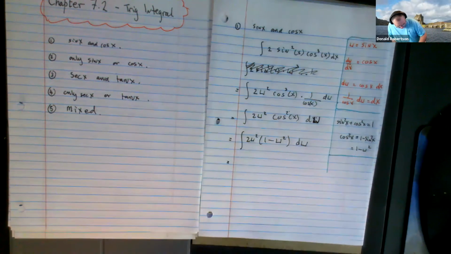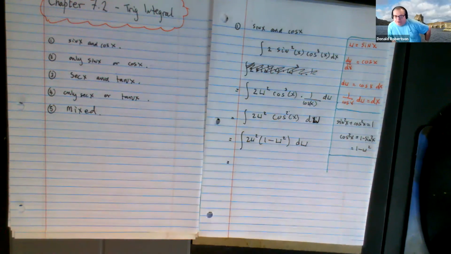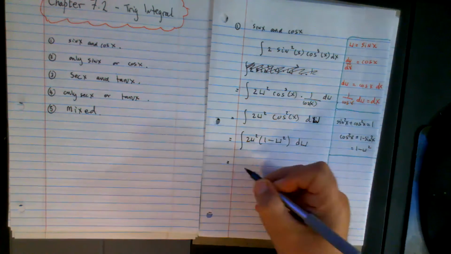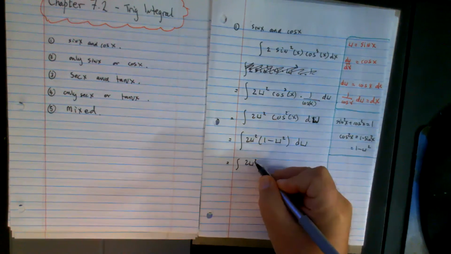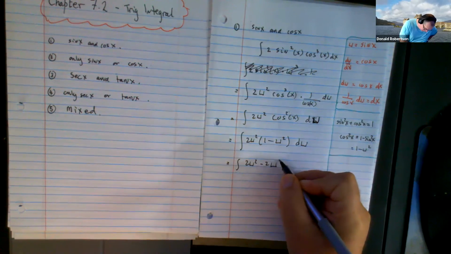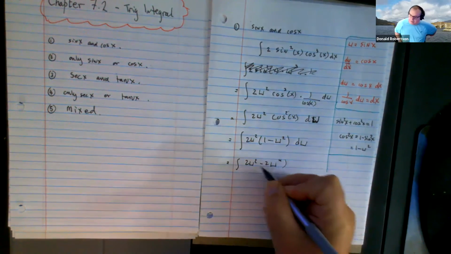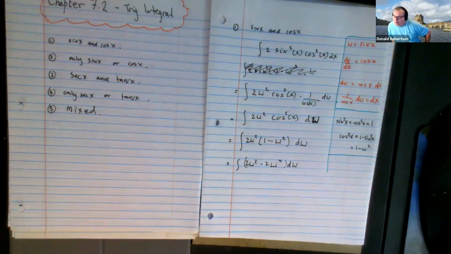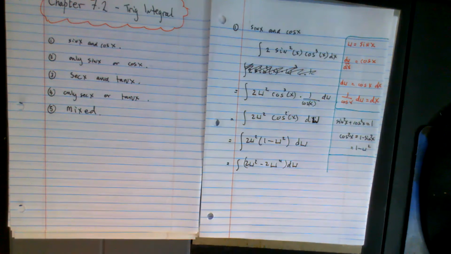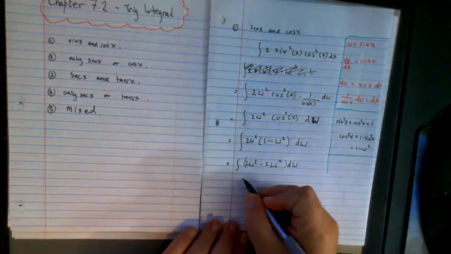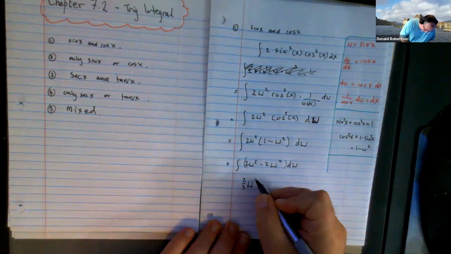I want to integrate this, which is doable, but I have to do something before I can get it to the doable stage. Distribute the 2u squared. Does that seem reasonable? I hope you agree. Can't we now do the power rule? So I'll add 1 to the power, divide by the new power.